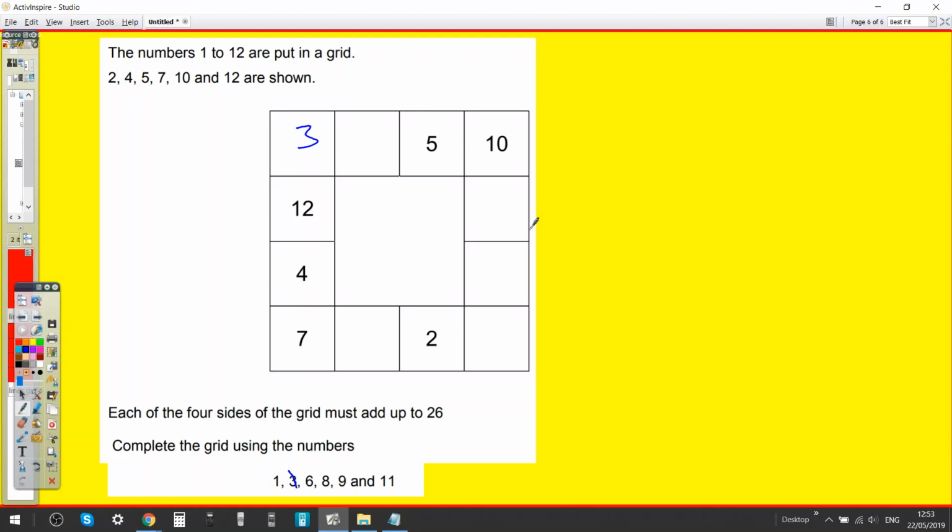8 goes next to the 3. Working this one up, going down, it'd be 9, so that's 19, and then 29 now.